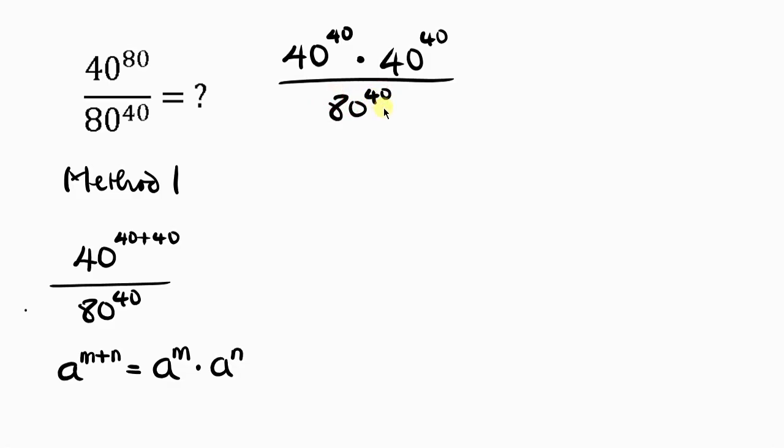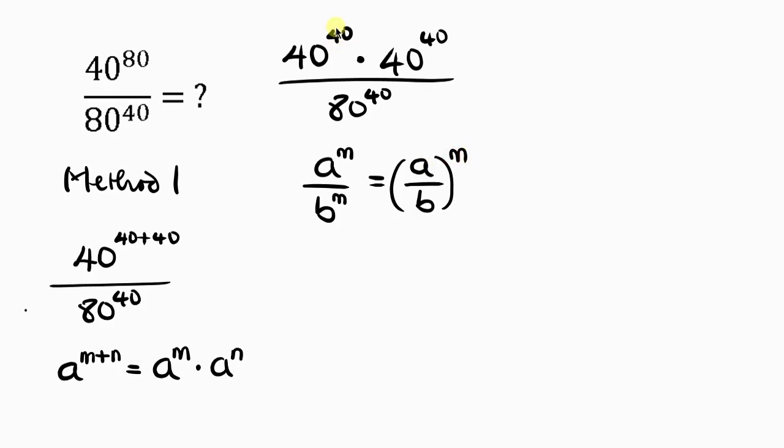Our next step will be for us to apply yet another law of indices, which says when I have a to the m all over b to the m, as long as the powers are common, we're going to be grouping them. So this can be written as a over b raised to the m.